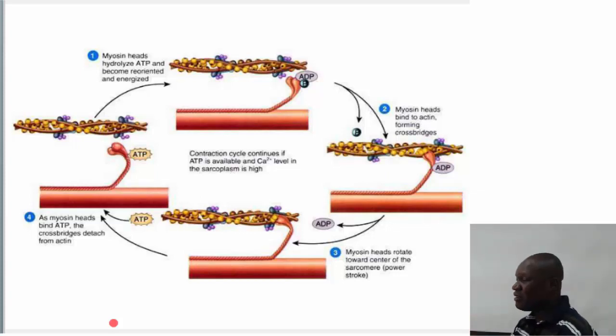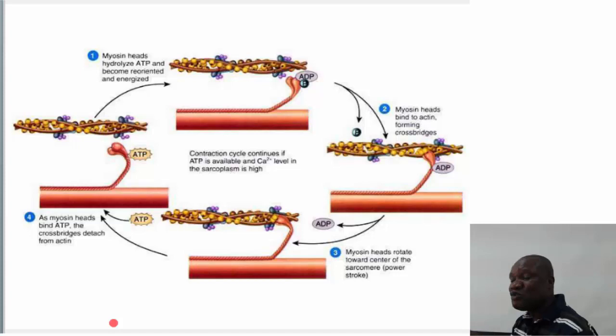This increases the affinity of the myosin head for actin. So it binds to actin, there's product release, the power stroke, and the drawing of the thin filament on the thick filament. Then next we have the binding of ATP to the head of the myosin, which causes detachment from the actin filament, and the cycle goes on, just like in the skeletal muscle.